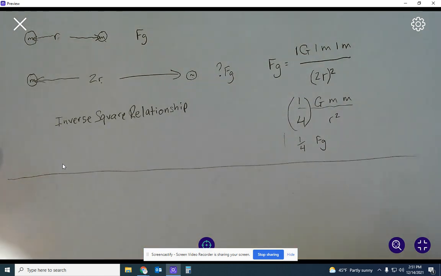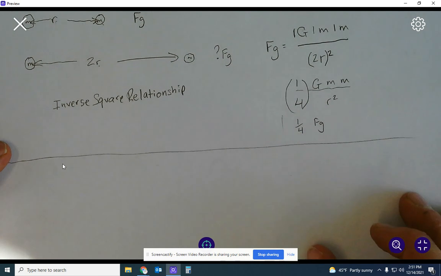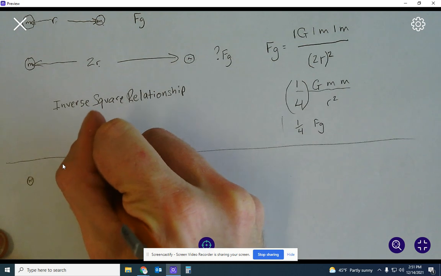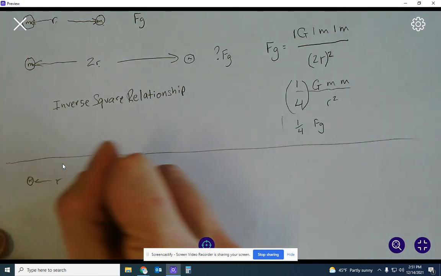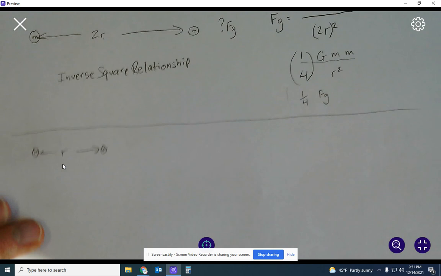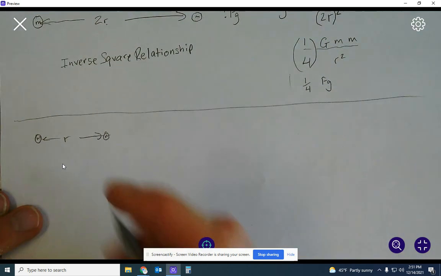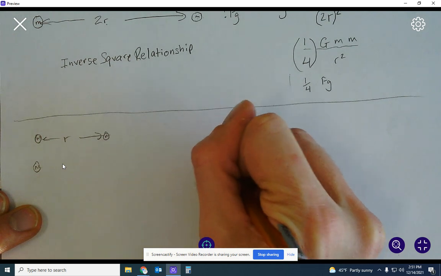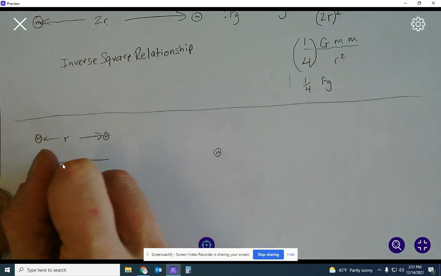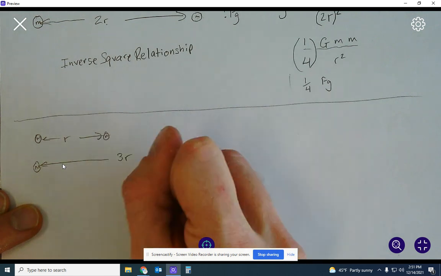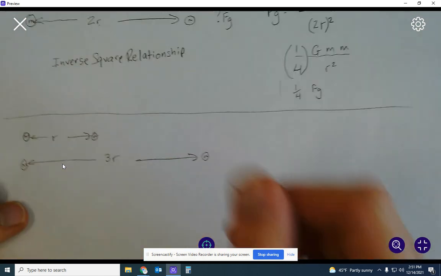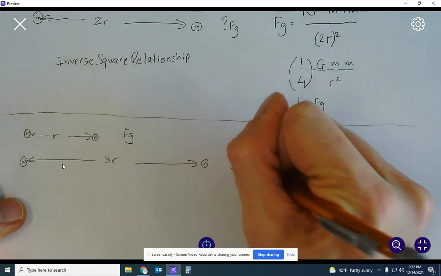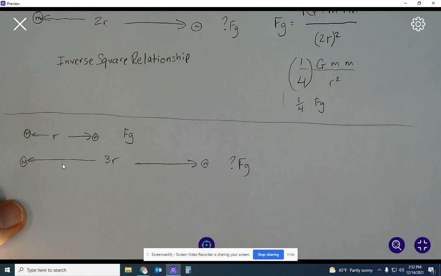So let's try another one where we have the story of a mass and another mass that is r apart. And what I'd like to do is triple the distance between them. So let's say it's now 3r distance. When we used to be Fg apart, how much Fg are we going to be now? Well, it's an inverse square relationship.